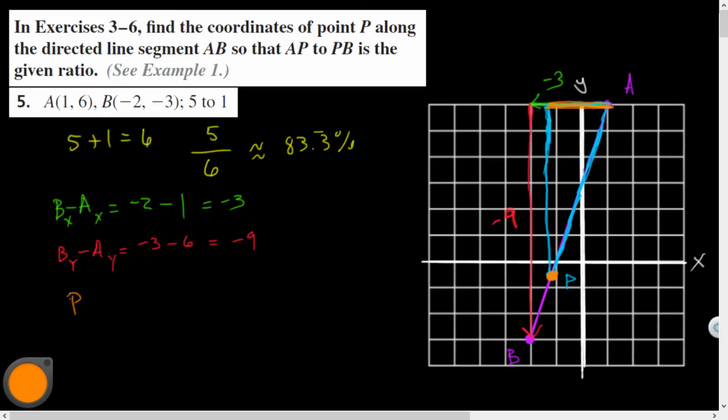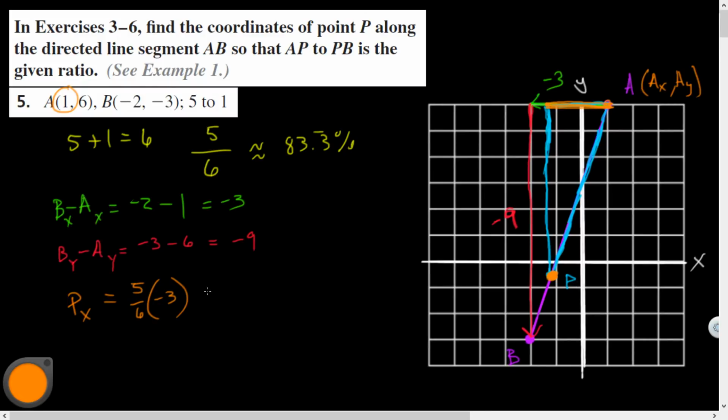So if I want to find P's x-coordinate, I'm going to do 5/6 multiplied by the -3, and add the x-coordinate of A. Whatever this x-coordinate is, 1, if I add this negative number to it, I will get a new x-coordinate that will be the same as the x-coordinate for P.